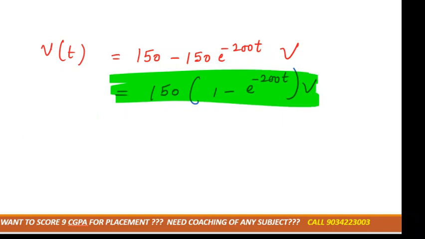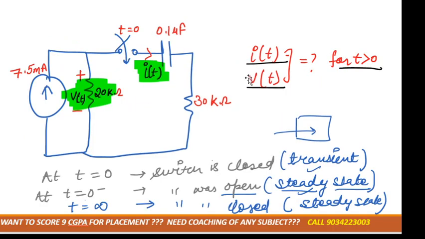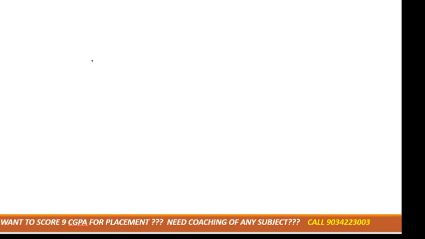Okay, now back to the question. See what they have asked. They ask you I of t, meaning the current across the capacitor, right? But what we calculated? We calculated voltage across the capacitor, right? As I told you, whatever they ask you, for the capacitor you always need to calculate voltage.